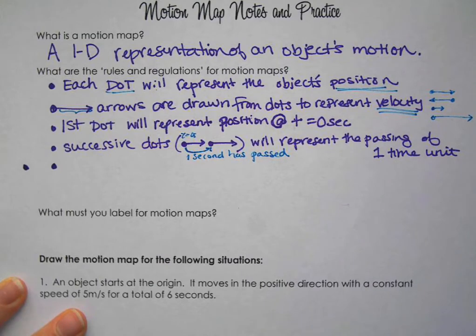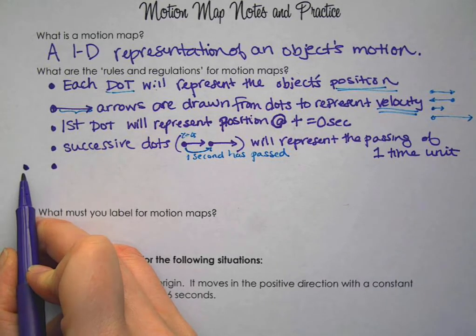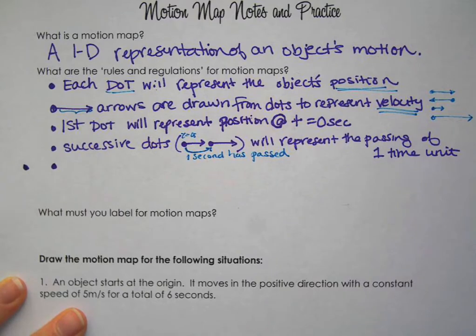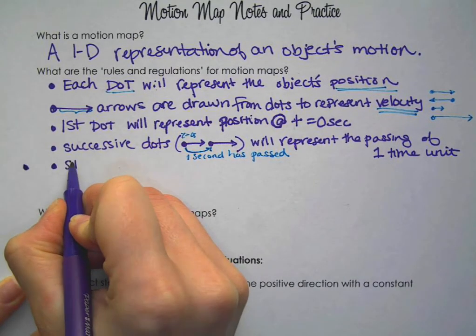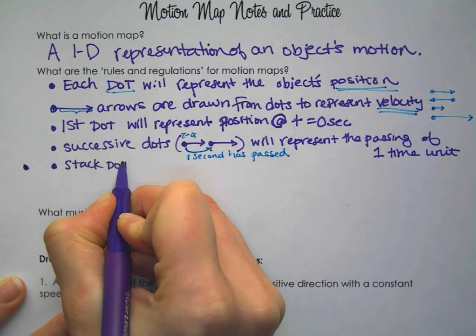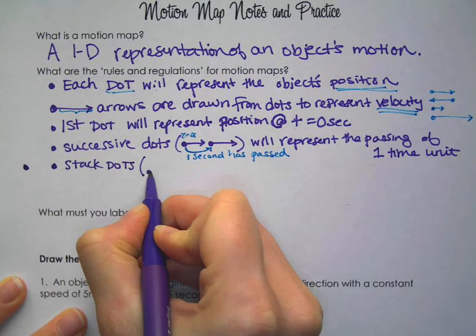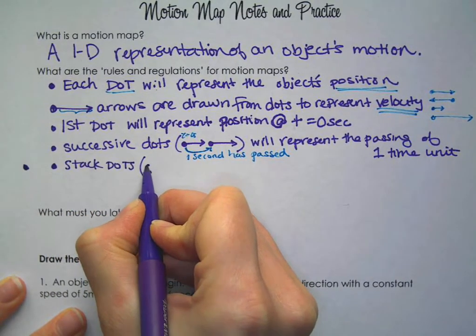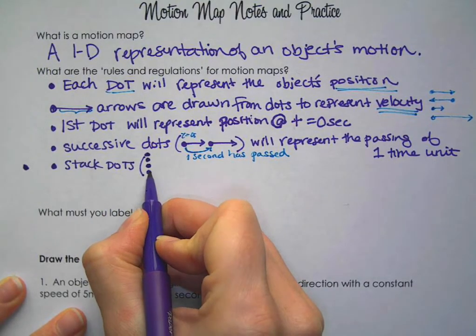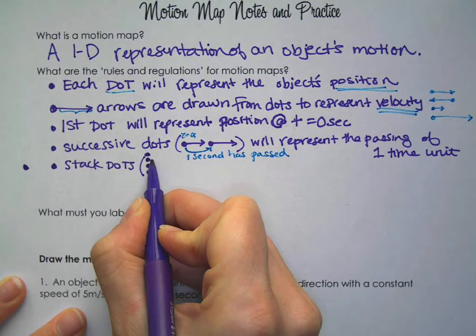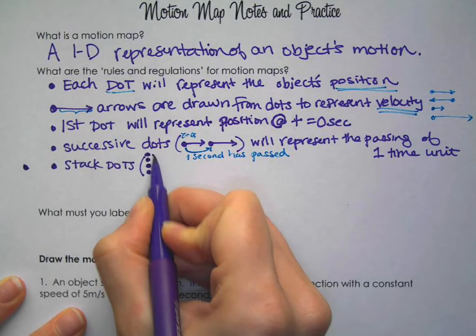So because we can't just say how dark the dot is or how much ink was left there, we are going to stack dots. So something like this. If it's at that position and stopped, we just keep moving up, up, and up for each successive second. So this would have represented 1, 2, 3 seconds of standing still.